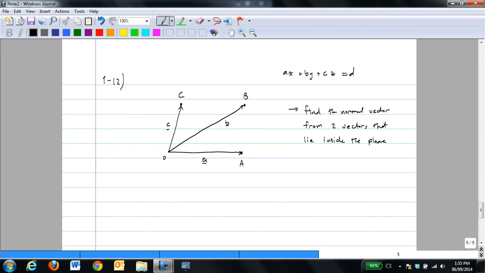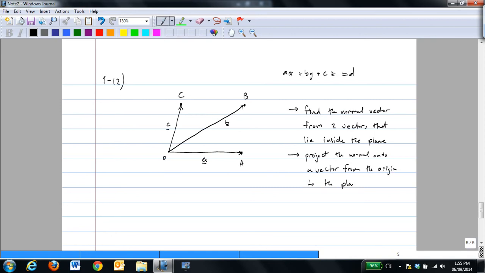So once we found the normal for our plane, we then want to project the normal onto a vector from the origin to the plane.